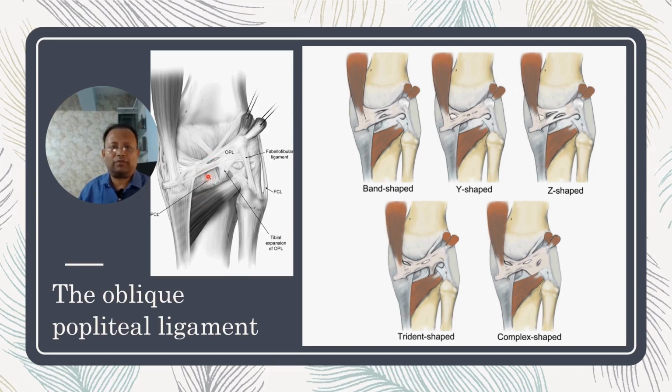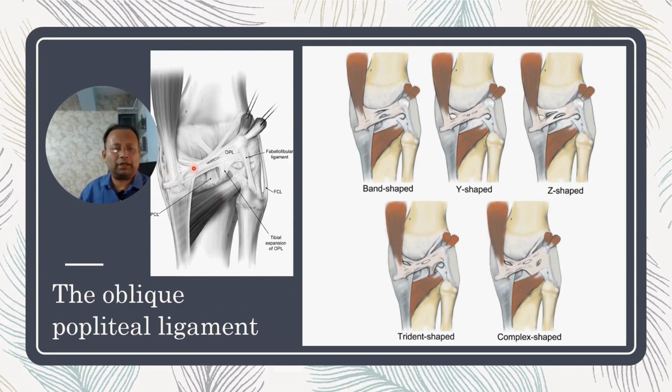So from the tibia it starts, and ultimately it goes laterally and attaches to either the fibula or the lateral gastrocnemius tendon. This is also a very deep structure, and it has multiple variations of its shape. Either it is band shaped, Y shaped, Z shaped, or trident shaped. So different types of shape have been found.